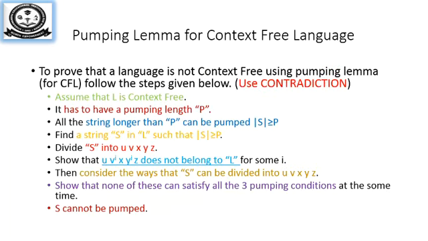Now let us see the steps of how we use the pumping lemma to prove a language is not context-free. We will be using contradiction. First we consider that the language belongs to context-free. So the first step is, we assume the language is context-free.